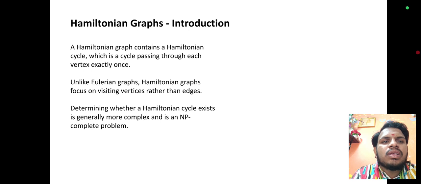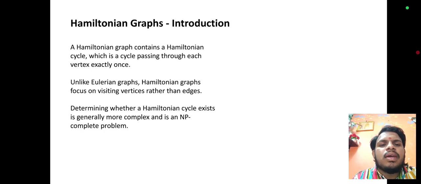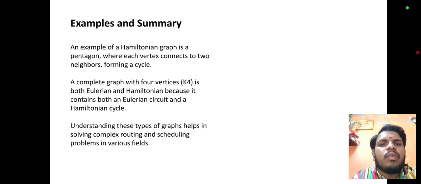Hamiltonian graph introduction. A Hamiltonian graph contains a Hamiltonian cycle, a cycle passing through each vertex exactly once. Unlike an Eulerian graph, a Hamiltonian graph focuses on visiting vertices rather than edges. Determining whether a Hamiltonian cycle exists is generally more complex and is an NP-complete problem.